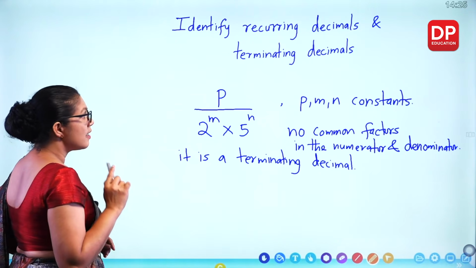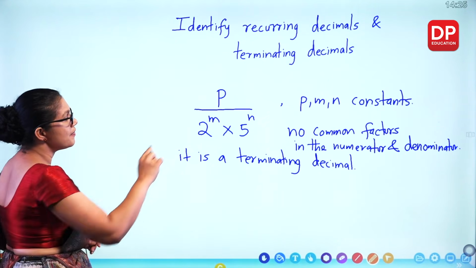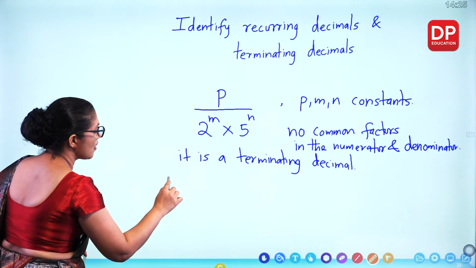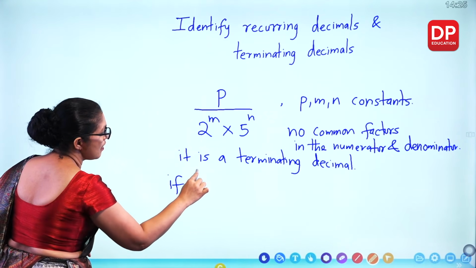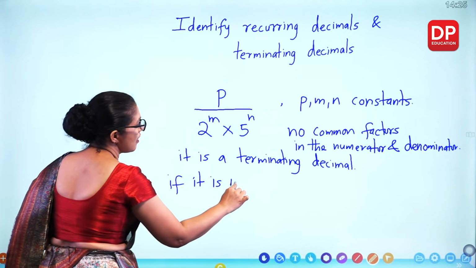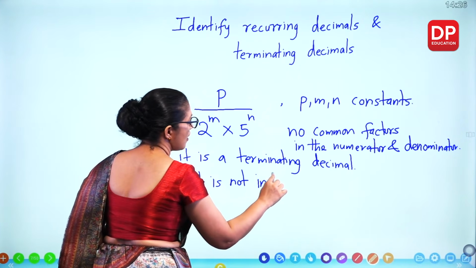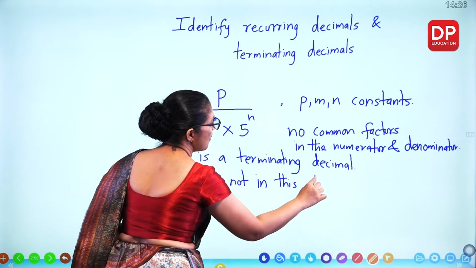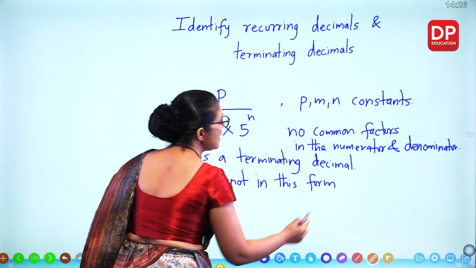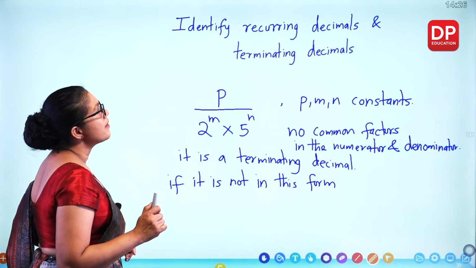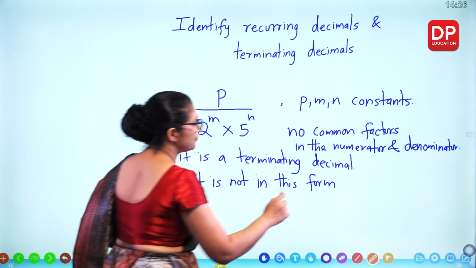If it's not written in this form, we call those recurring decimals.